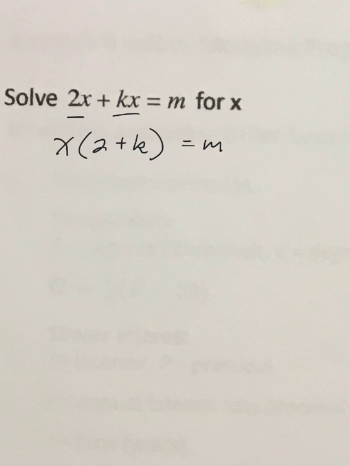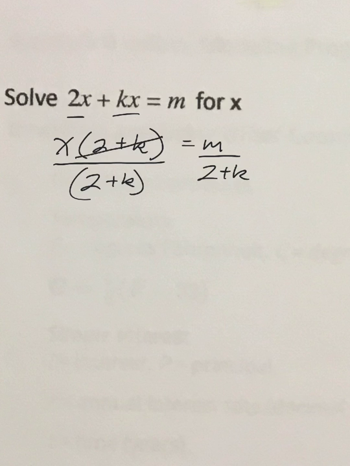It's not by itself because it's with this thing called a binomial, 2 plus k. What can I do now with that 2 plus k? Divide the whole thing, right? So I divide this by the 2 plus k. If it helps you to keep the parentheses on it, you can, but you don't have to. And so what happens to the 2 plus k? And I'm left with just the x.